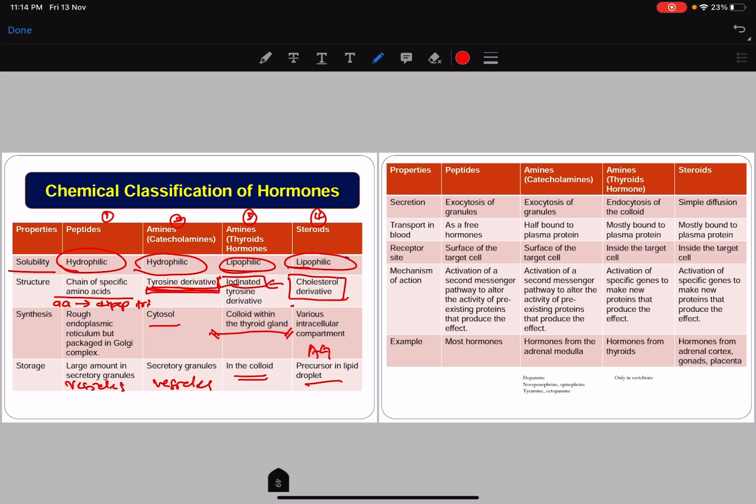Alright, next property is secretion of these types of hormones. How is a peptide hormone secreted? Via exocytosis of granules. If you look back at the earlier part of this slide, we did encounter the word exocytosis.